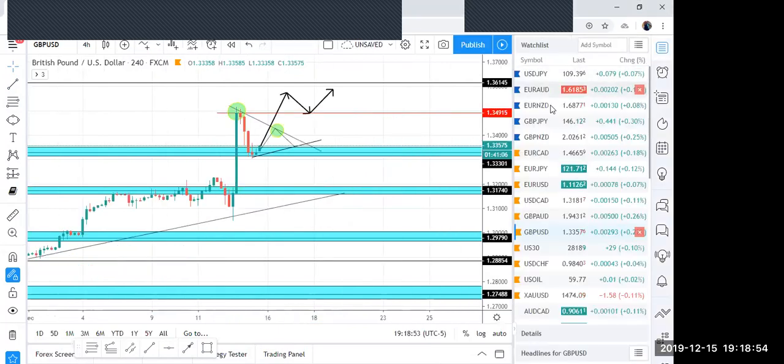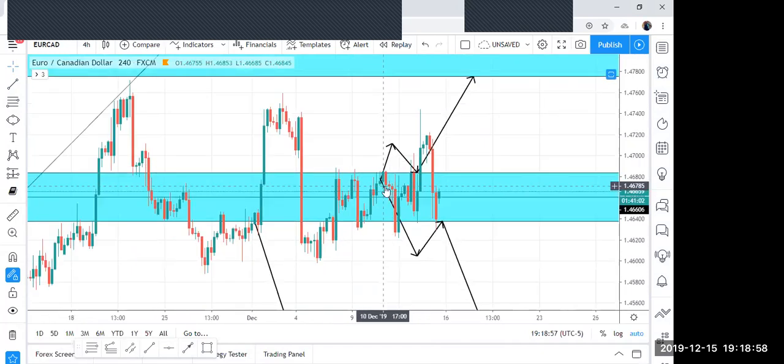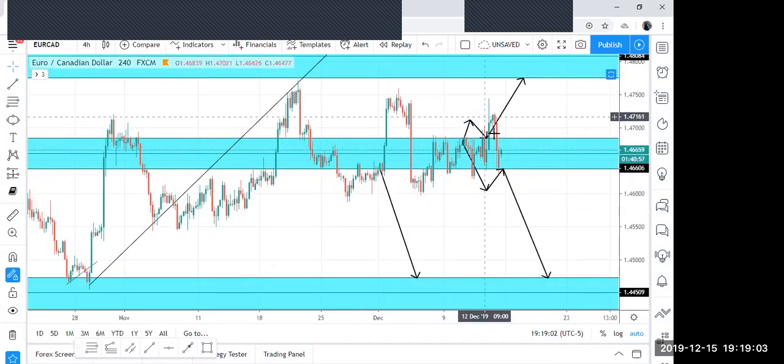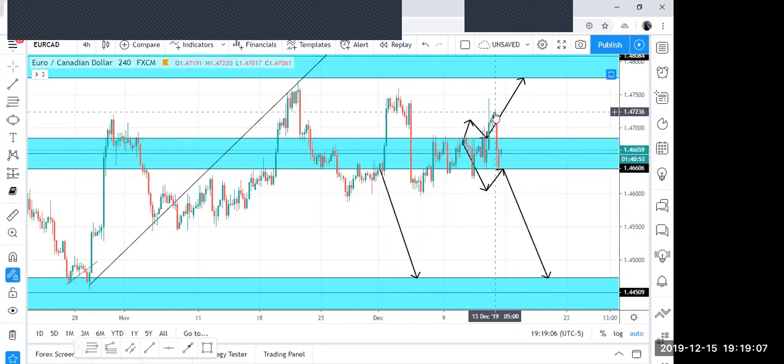ECAD. ECAD from last week, I was still kind of waiting on it to break out and retest. It didn't do either. It just played around in my zone. It made an attempt out. We didn't get a retest. The price ended back up in the zone, where price found resistance at the bottom of the zone again.